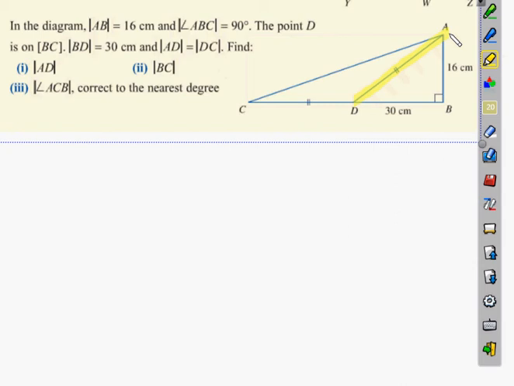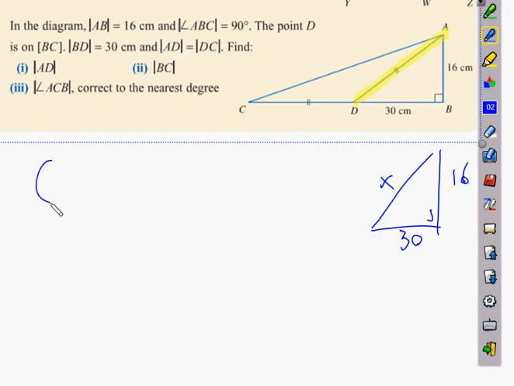Write down the triangle that has the most information. The triangle with the most information is the small one to the right. The adjacent 30, the opposite 16. And we would have to find out the hypotenuse. Any idea how to find out the hypotenuse? Pythagoras' theorem, it's called, okay?